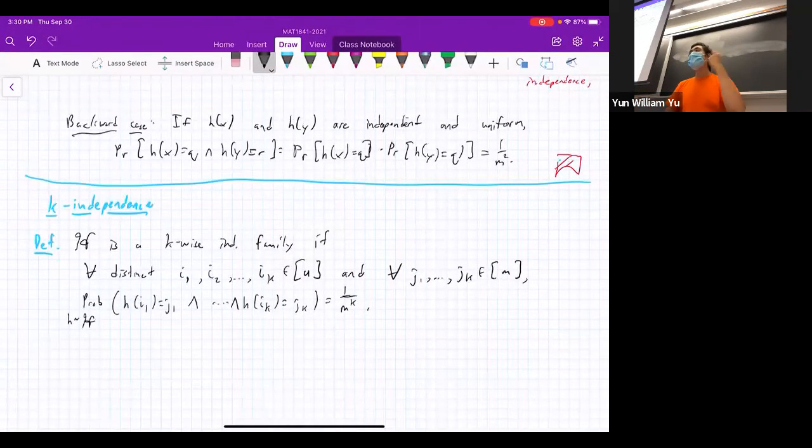So now, if you map K different things, you can treat their outputs as K different IID uniform random variables in your range.